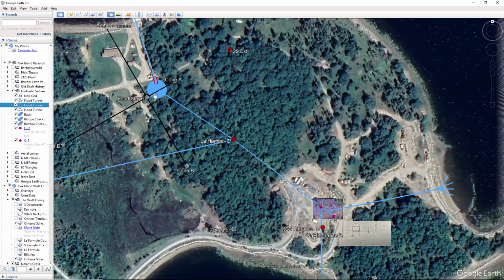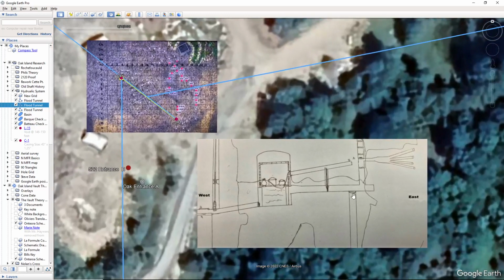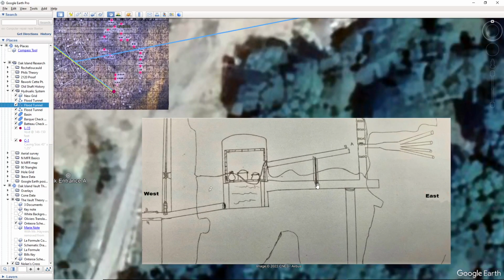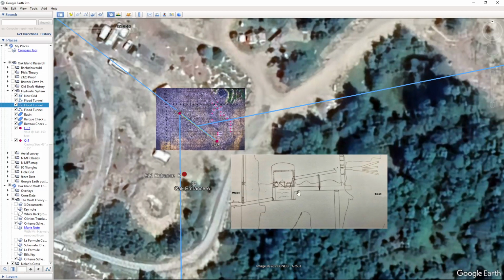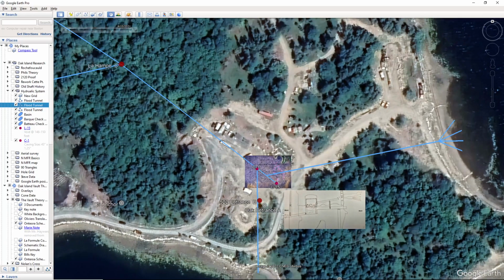And I've stated this in other videos, but there's nothing that would state that this would be true. So the only thing we know is that the flood tunnel system connects to Lahomp, which is C. And this is why this line here, if we assume that it is a straight line tunnel, goes to Lahomp.